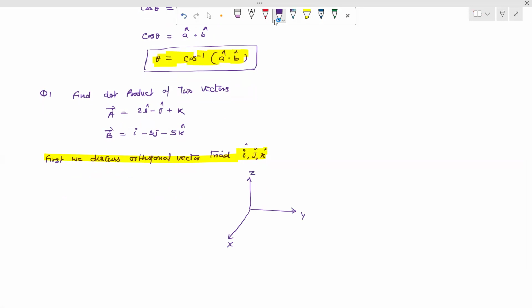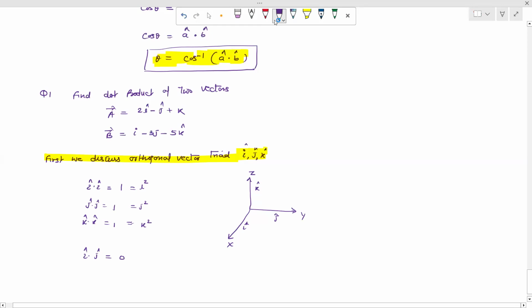Corresponding to x, we take the vector i, for y vector j, and here we take vector k. When they are perpendicular to each other, when we do the dot product of the same vector, i dot i will be 1, j dot j will be 1, and k dot k will also be 1. So dot product with the same vector is equal to 1. You can also write i dot i as i square, j square, and k square. And when we do the dot product with a different vector, that means the dot product of vector i with vector j gives us 0, and j dot k also 0, and k dot i also gives us 0.